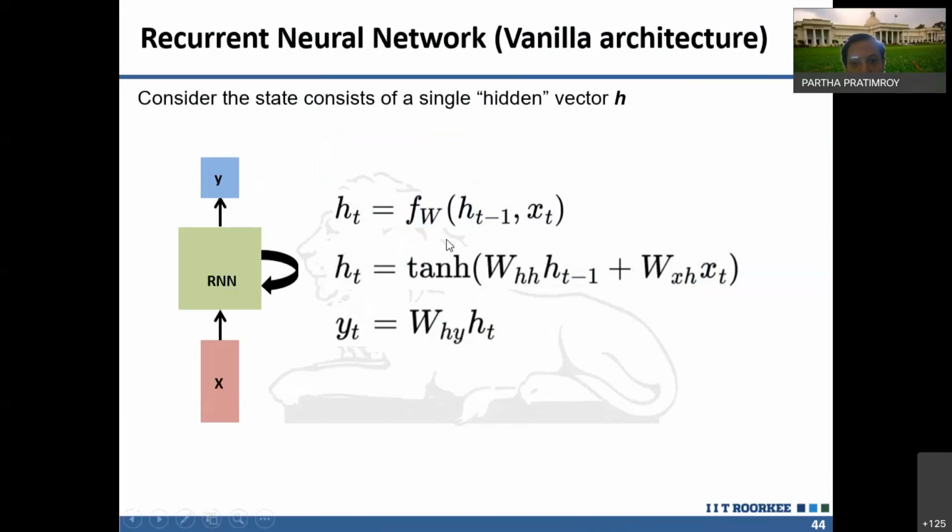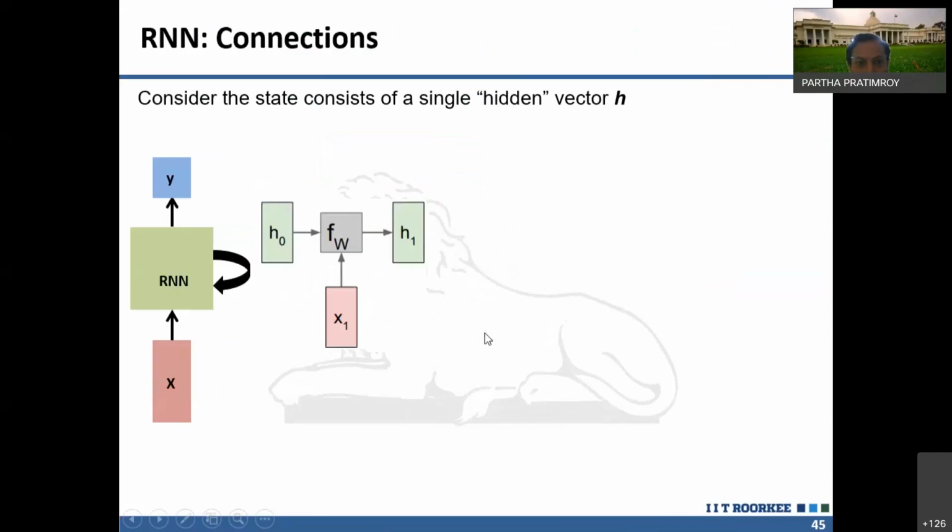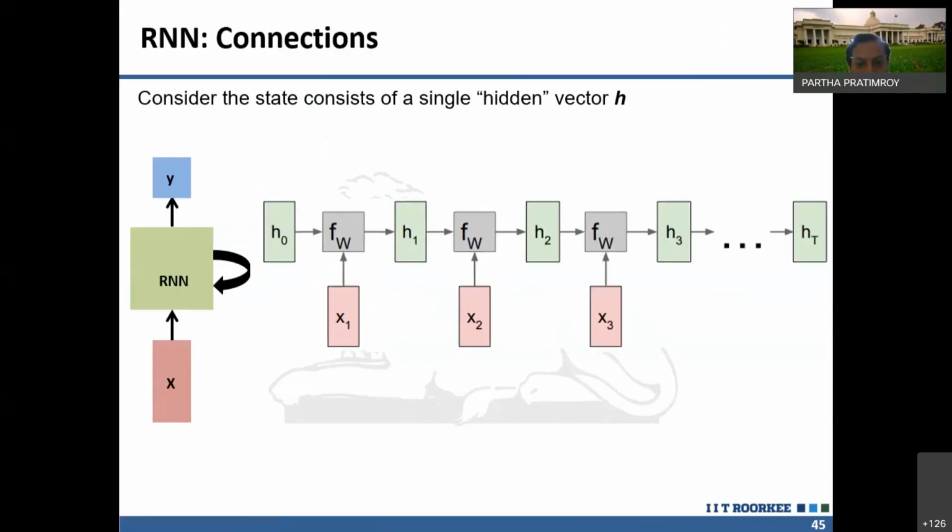As I discussed already, you can write ht equal to fW of ht minus 1, which we have already explained. If you unroll this full block, you have h0, initially 0, and x1, and then using these activation functions we get h1.